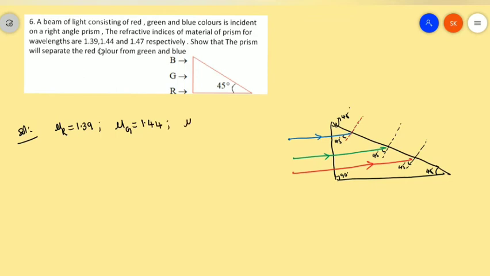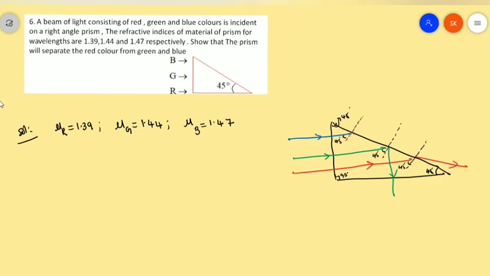Red and green are completed. Next, blue color. For the blue color, the refractive index is 1.47. Now tell me, which color will the prism separate, the red color from the green and blue? That we have to prove. Just like the previous case, the red color will be refracted, and the green and blue colors will be reflected.